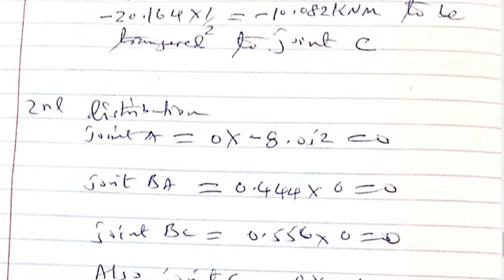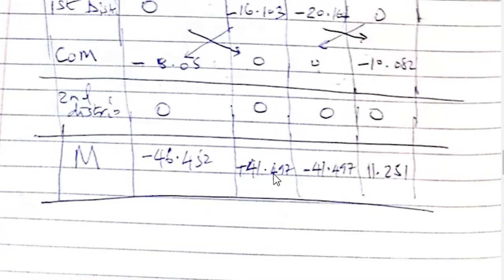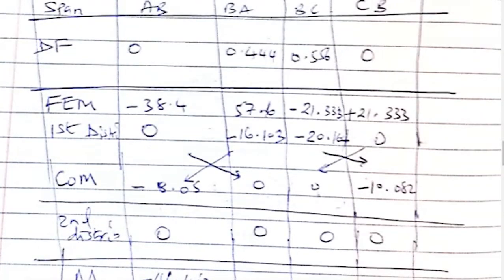Now once you have that one, come back to our table. If you see here, after having the moment distribution factor, we take the ratio and multiply it by the balanced moment after summation of the two values, the unbalanced moment, times its ratio here.